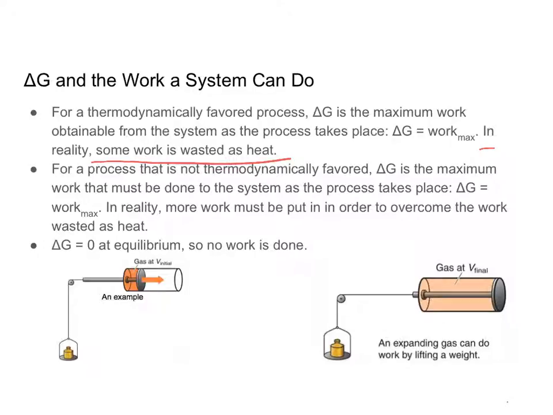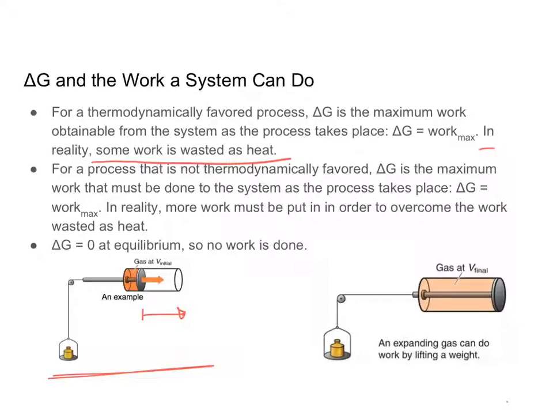In this particular example, at the beginning we have gas with a very small volume inside a cylinder with a piston in it. Over time, as the reaction occurs, the gas expands and the piston moves from here to here. It expands to fill the size of the container.